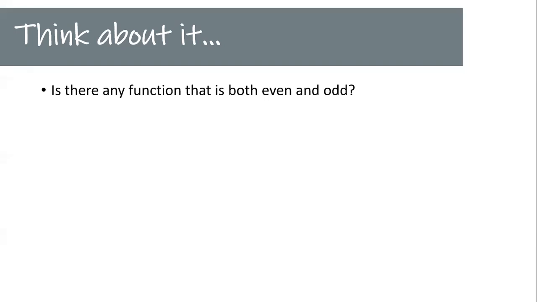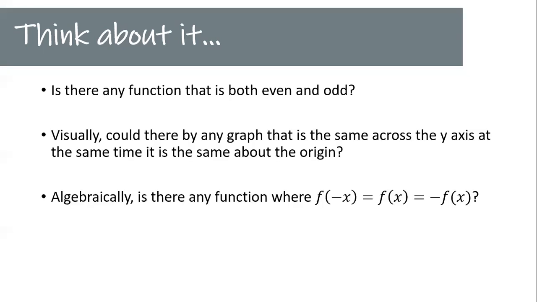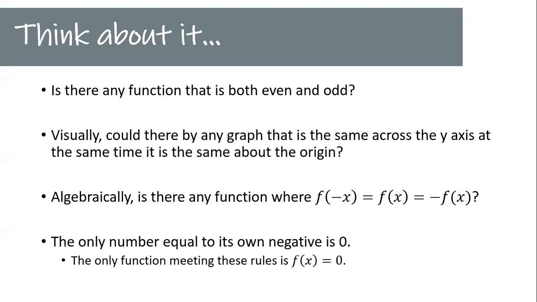That thought is a little more concrete. Is there any number that the positive of that number and the negative of that number are the same? The only number that's equal to its own negative is 0. So that means that the only function that is both even and odd is going to be f of x equals 0. So that horizontal line basically laying on top of the x-axis.